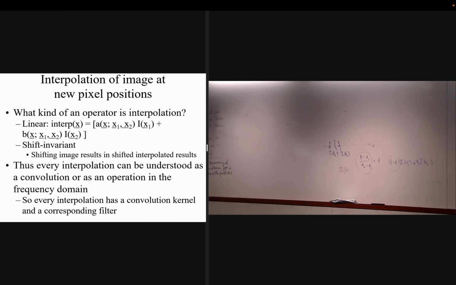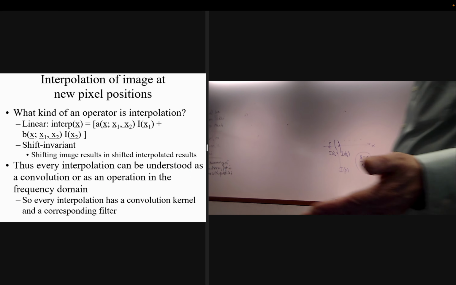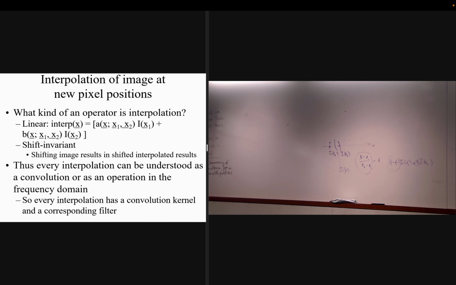Similarly, scalar multiplication, right? You multiply I by 3 everywhere. That's scalar multiplication. You can either interpolate 3I or interpolate I and then multiply by 3, and you get the same. So it's a linear operator. Interpolation is linear for linear interpolation.